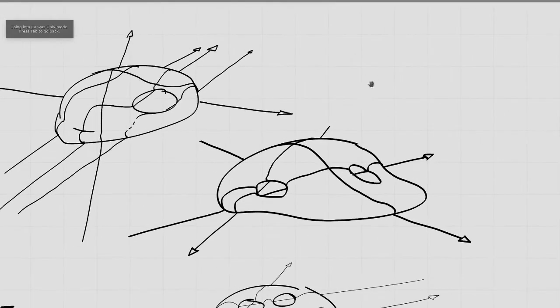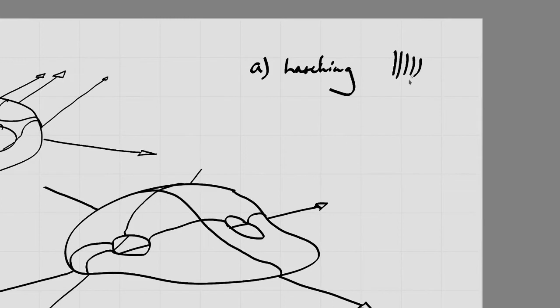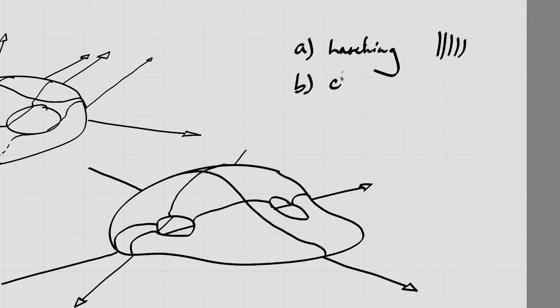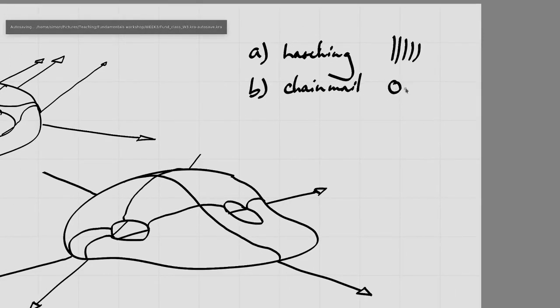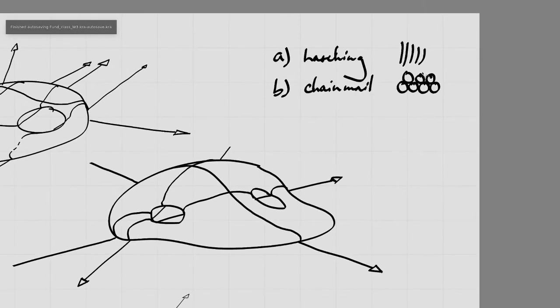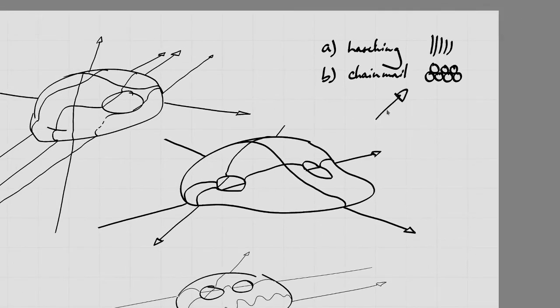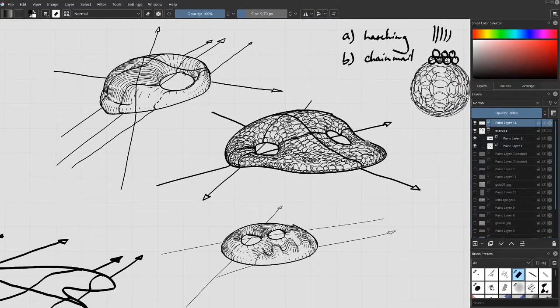So we'll just keep it very simple and use A, hatching, so that's this kind of deal, and B, kind of a chainmail, and chainmail is this kind of thing. These are the two that we'll be doing, and they both have their reasons for being on this list. Let's see how that goes.